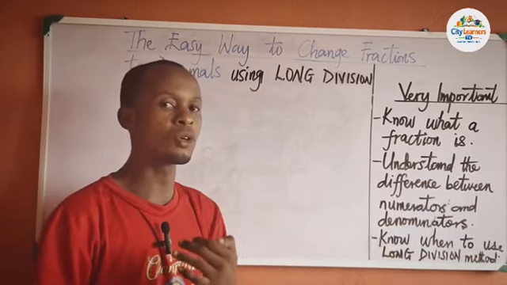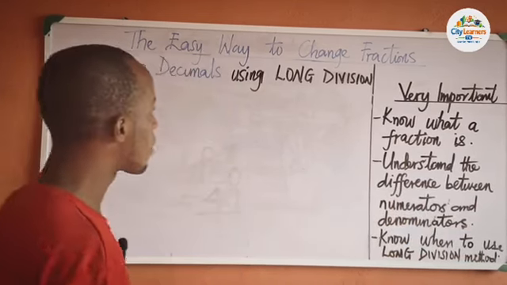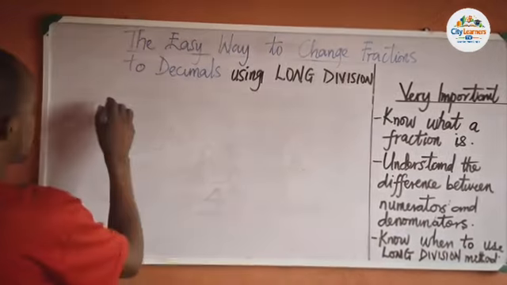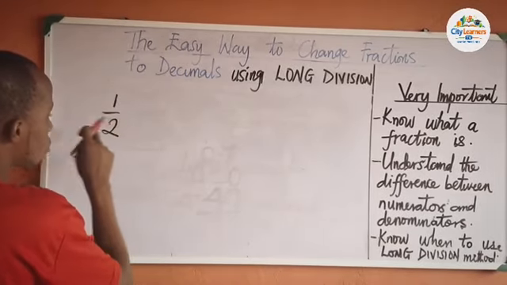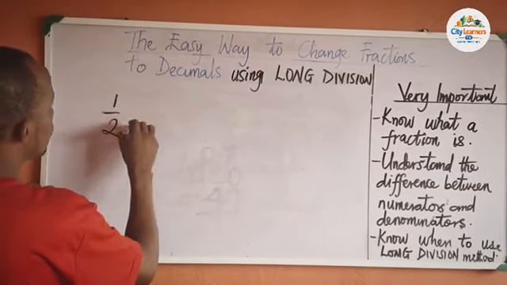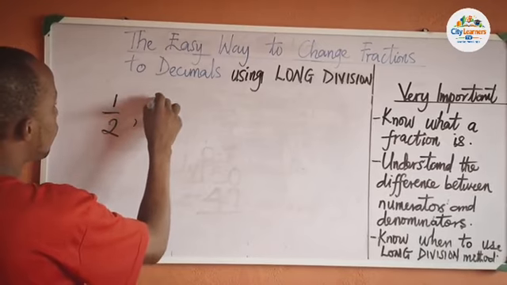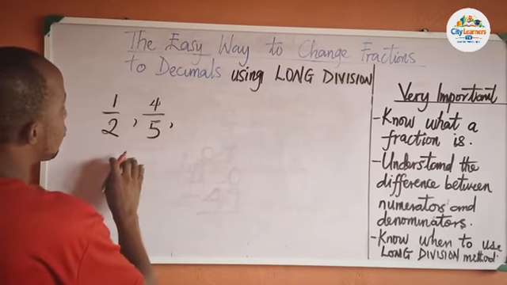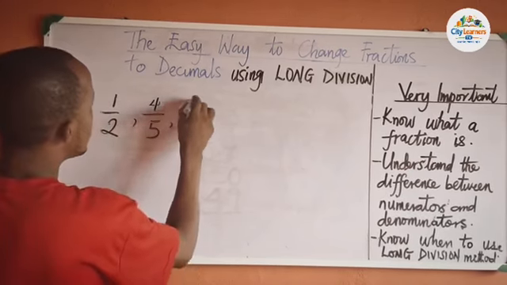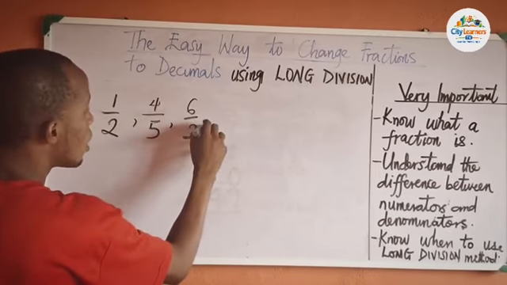It is important for us to know that fractions are written this way: 1 over 2, which means 1 of 2. A fraction can also be 4 over 5, 4 of 5. Fractions can be 6 over 2.